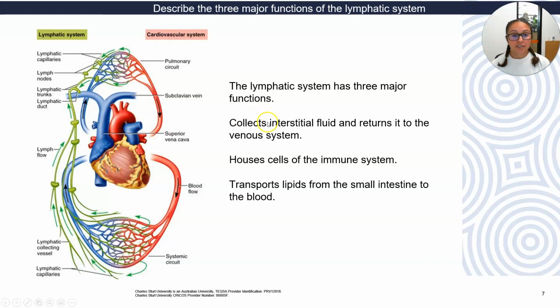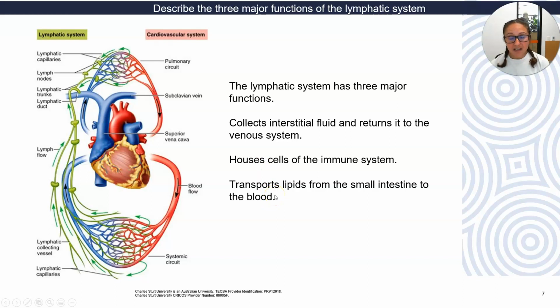Okay, so I did kind of talk about this a little bit before. It collects fluid and returns it to the veins. The cells of our immune system live there, and I'm going to show you where they live.